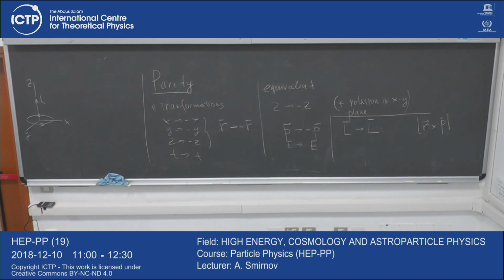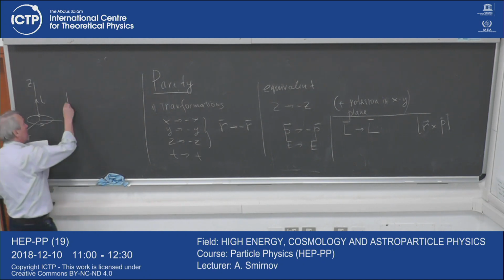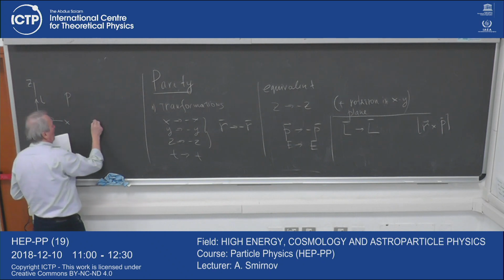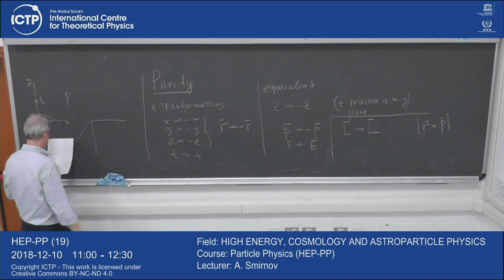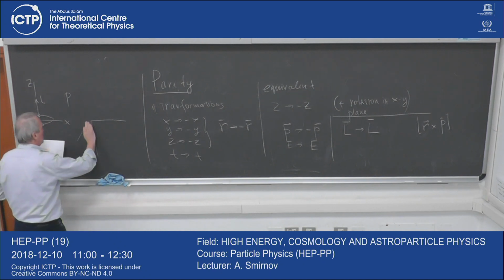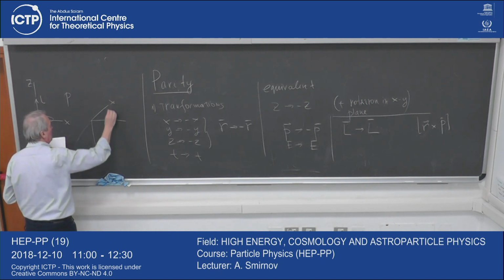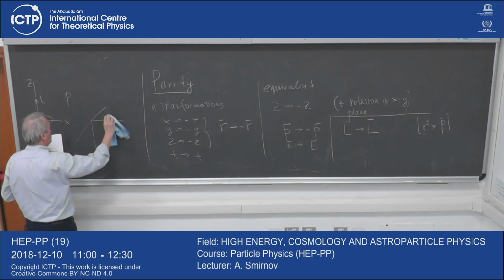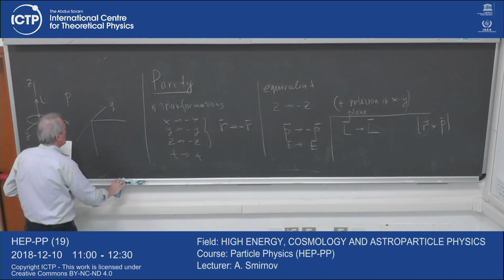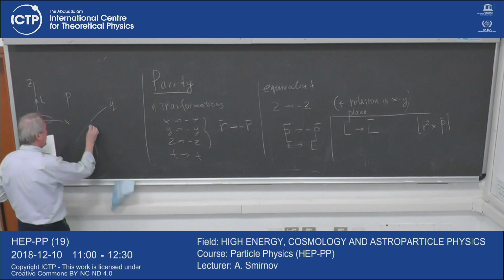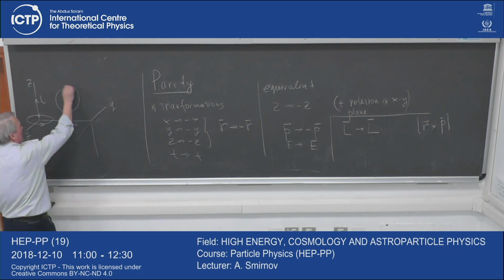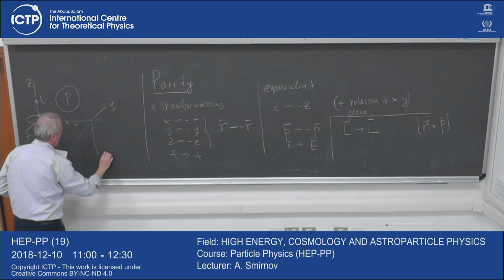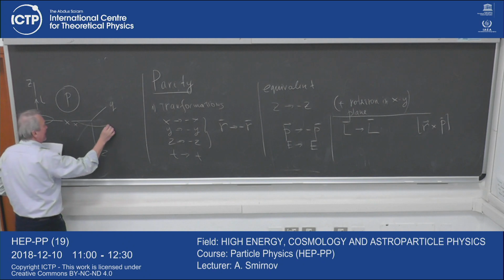Now, suppose we do P transformation. And under P transformation, all the axes change, right? So X will go into this. No, sorry, this is Y. Now X goes to this, and Z goes into this direction. And we have this rotation.